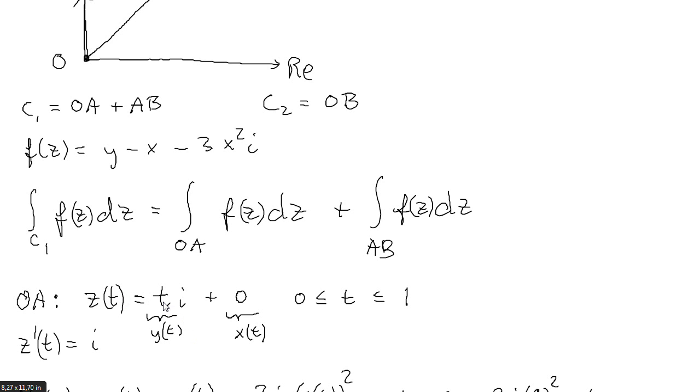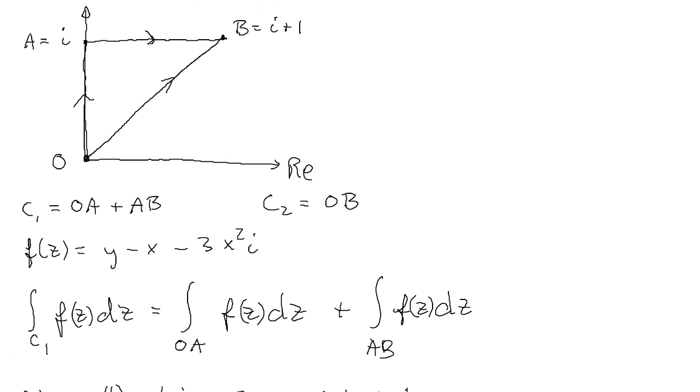If we do this and choose the parameter from 0 to 1, when t is equal to 0, we will be in the point O. And when t is equal to 1, we will be in the point i. Recall that the point A here is equal to the point i.